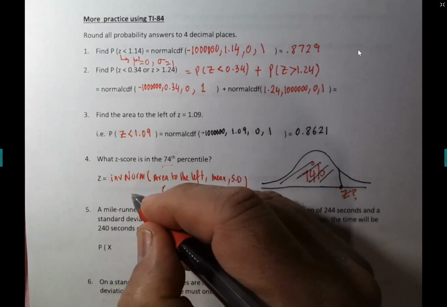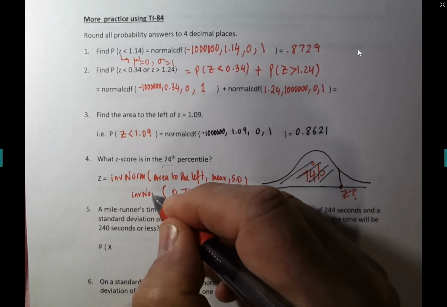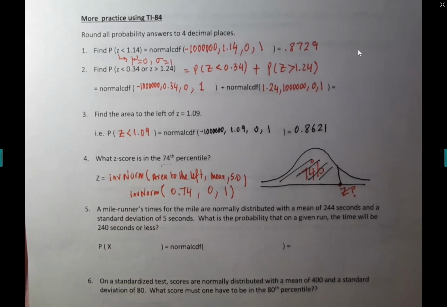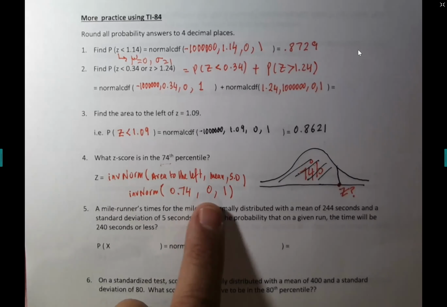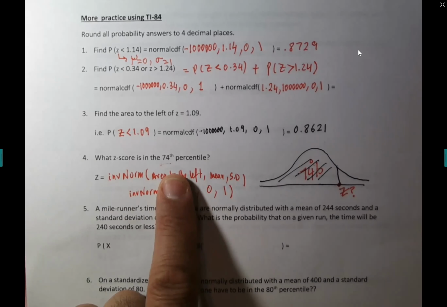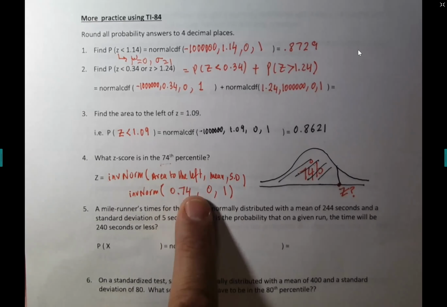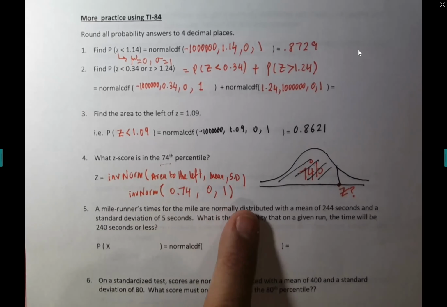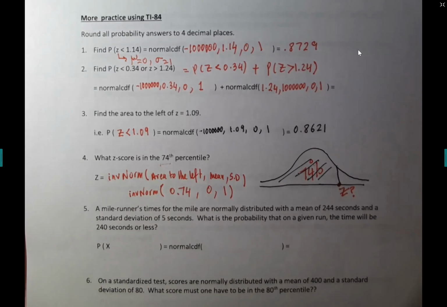Anytime he gives you a percentile and asks you for a z-score, just put that percentile here and put comma 0, 1.